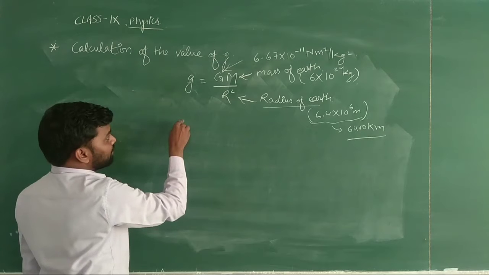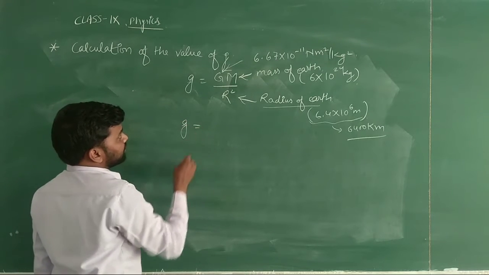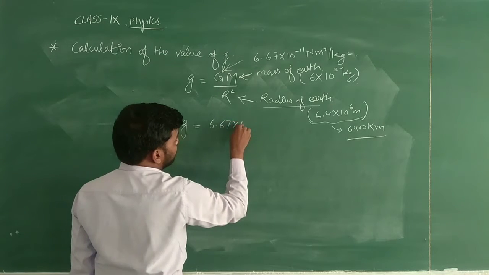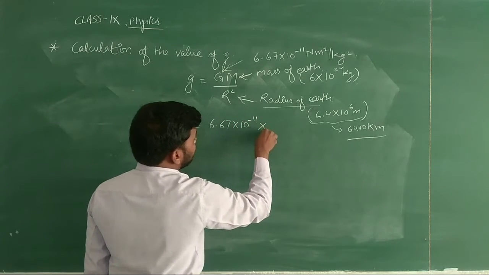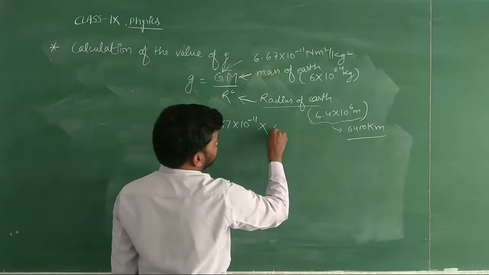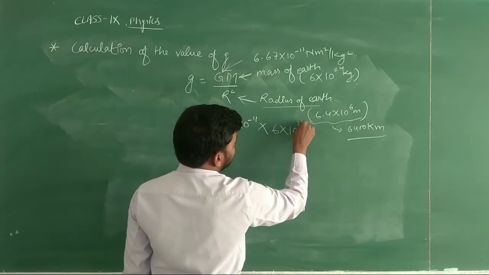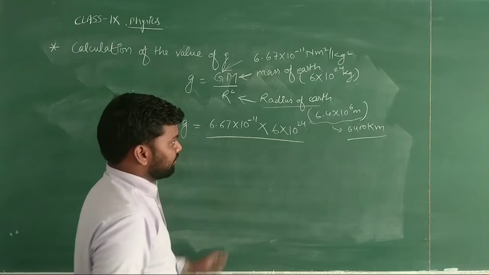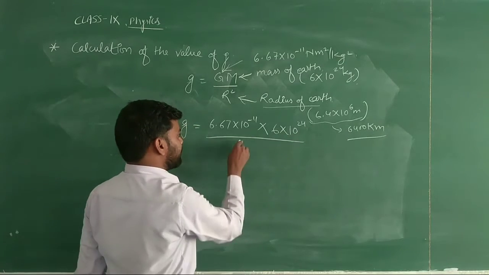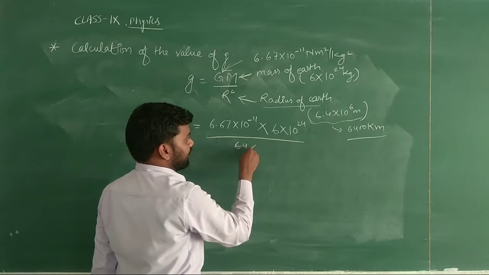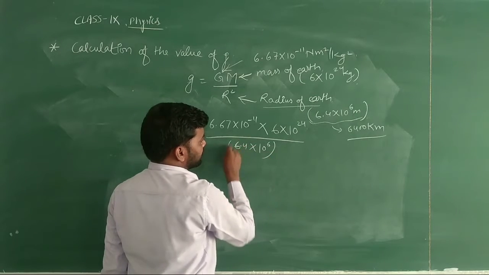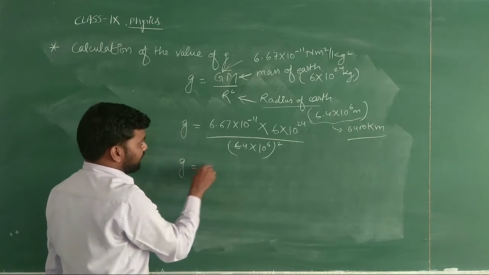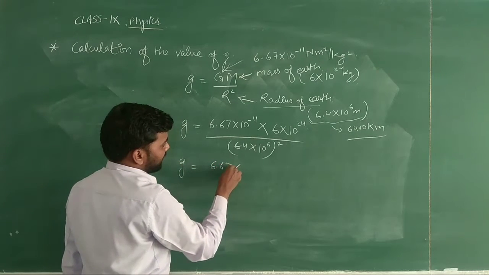Now we can easily calculate the value of small g, that is equal to capital G, 6.67 into 10 to the power minus 11, multiplied by the mass of the earth, 6 into 10 to the power 24, upon the radius of the earth, 6.4 into 10 to the power 6, squared.